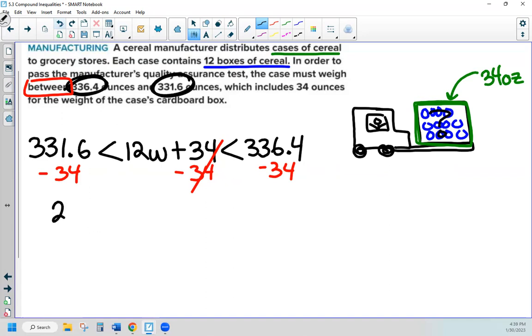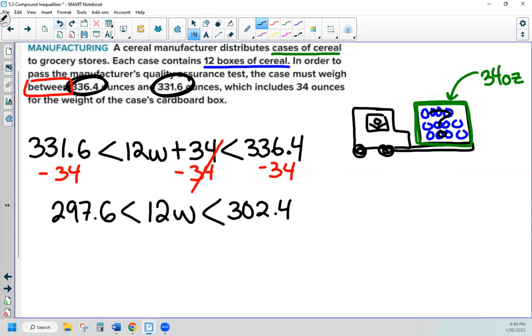The symbol stays the same, since we have not divided or multiplied by a negative number. And then here we have 302.4, right? 336.4 minus 34. I know the answer, but I'm still putting it in the calculator just so I don't make a mistake. All right.